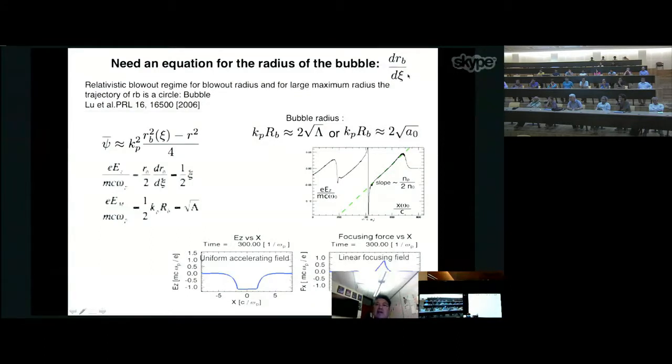And I don't have time to go through the details, just suffice it to say, you can get such an equation using a phenomenological theory, and therefore have a predictive theory for what the wake structure will be like. The pseudopotential in the very nonlinear regime can be written in this form, where you've got the blowout radius squared here as a function of c.